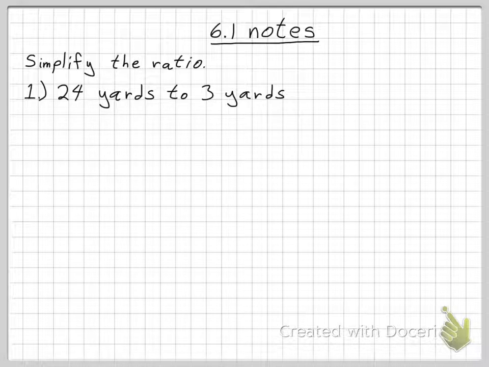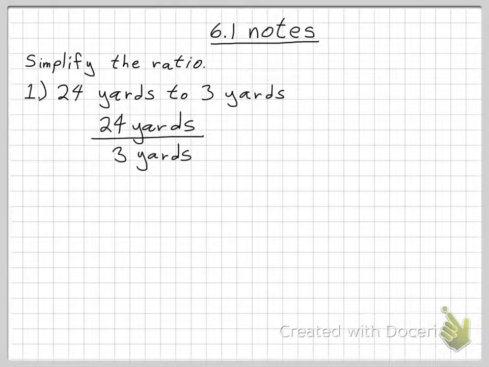And remember, at any time you can pause this video, rewind, whatever you need to do. So we have 24 yards to 3 yards. What I like to do is write them down as if they were a fraction. That helps me out. And also we have to make sure that these are the same words, right? Because the words divide out as well as the numbers.